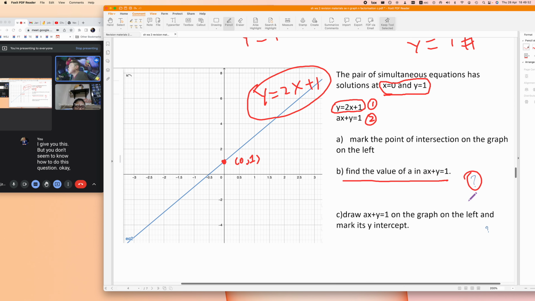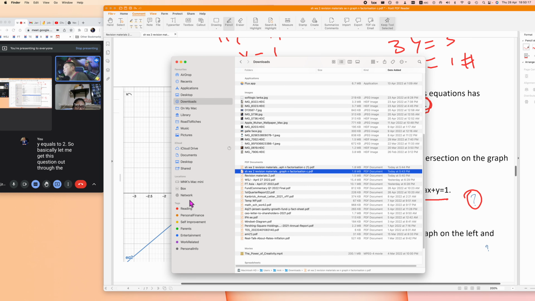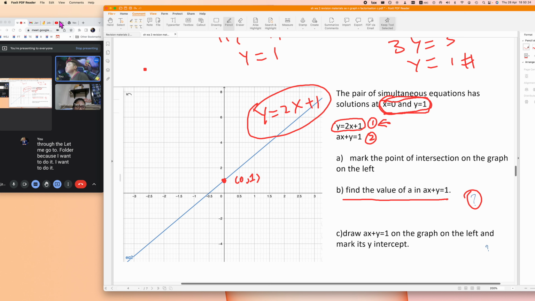Okay. So let me just teach you how you can solve this. You must remember. Test. So let's test the one first. So you have x equal to 0, y equals to 1. Can you put this x equal to 0, y equals to 1 into y equals to 2x? Let me go to the sharing folder, because I want to do it on the Jamboard.